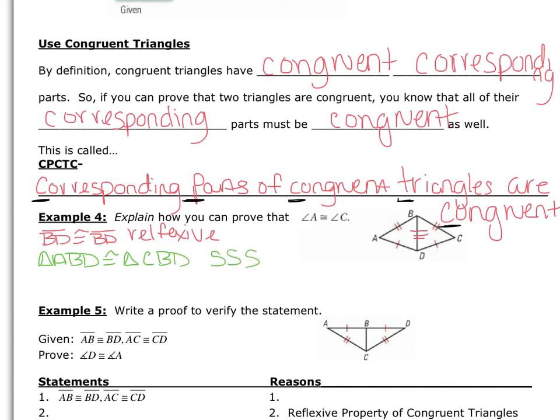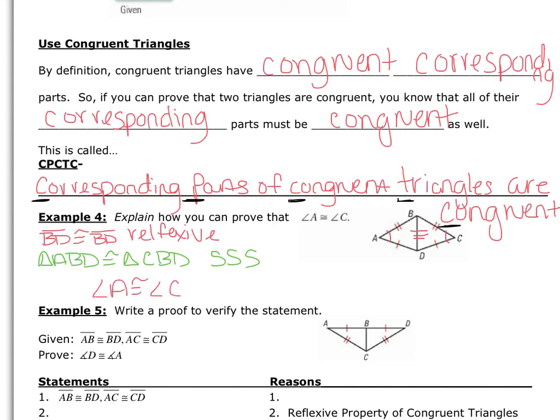So now, remember how important I always say this statement is. Once you know the triangles are congruent, you can then pick apart all of the pieces that correspond and say they're congruent to one another. So you can now say that A is congruent to C.